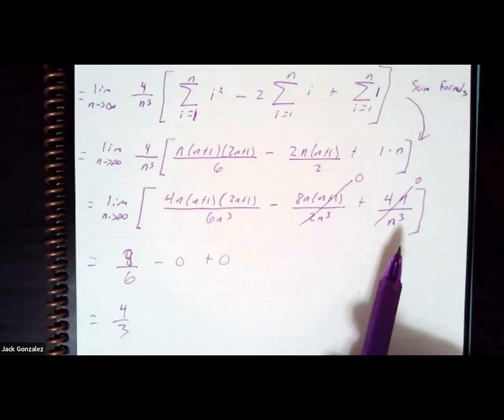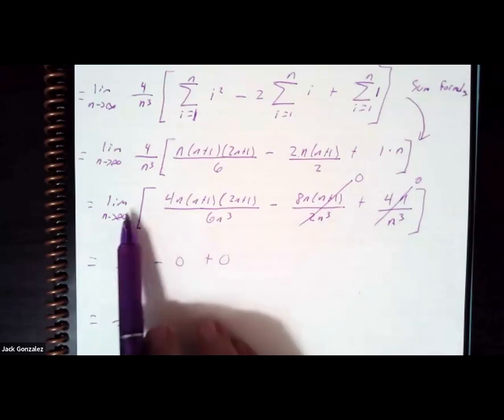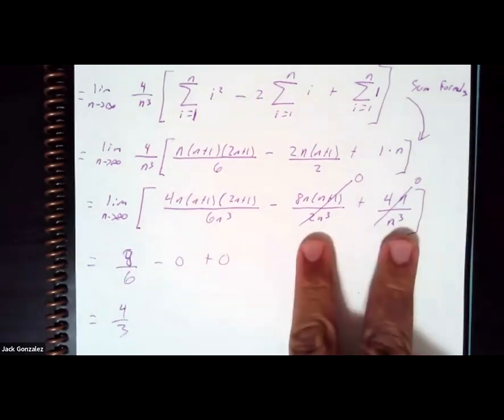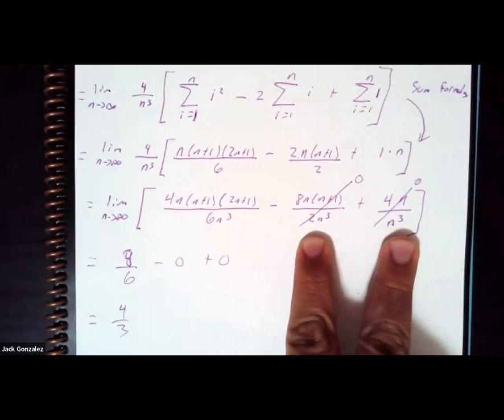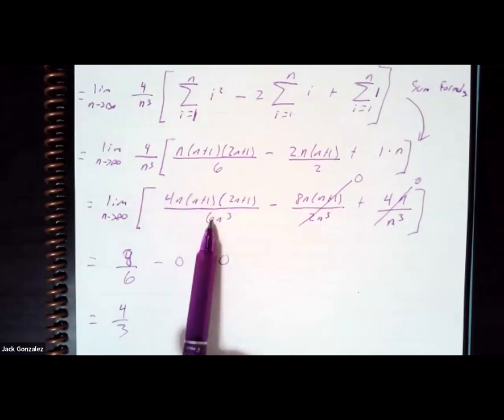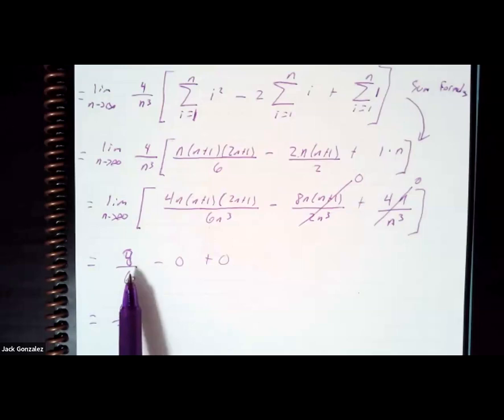Yeah. As n goes to infinity, these will go to 0. Okay, I got it. Thanks. And since these degrees are the same, you're going to be left with the leading coefficient divided by the other.